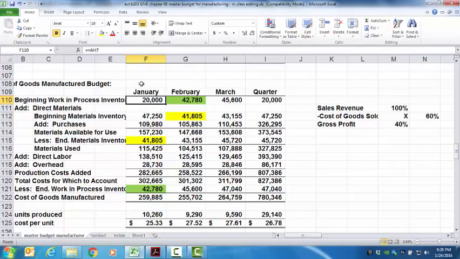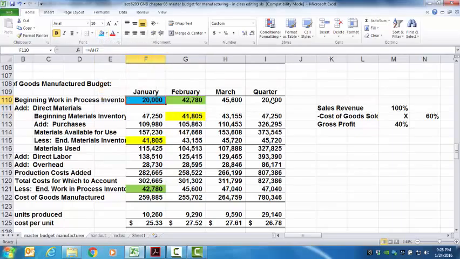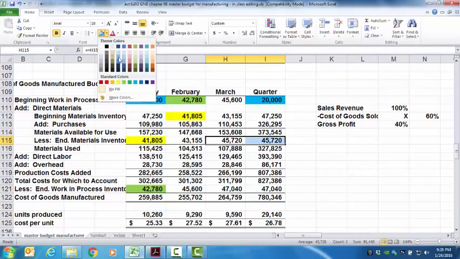I'll also note, as we've already seen previously, that the beginning of January is the same as the beginning for the quarter. And down here at the end of these, whether it's materials or work in process, they must also equal their ends. So let's see if I can get a couple different colors on here.